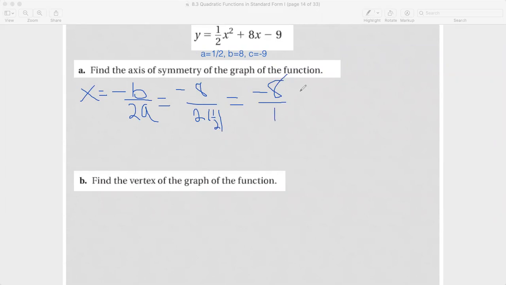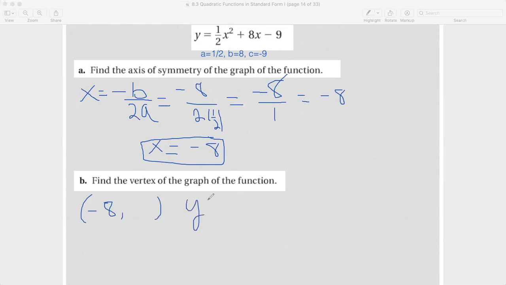Well, that's 1. Oh, how nice. That's just -8. So my line of symmetry is at -8. Well, that came out nice. Don't be so afraid of fractions. So your vertex is going to be at -8, comma, whatever you find for your y value.